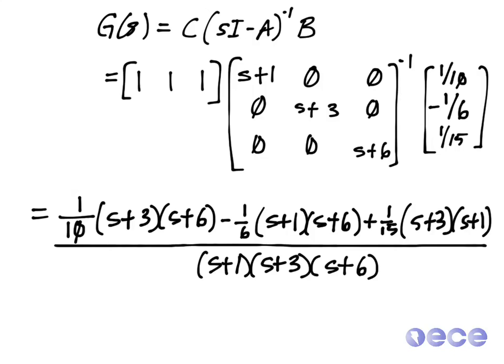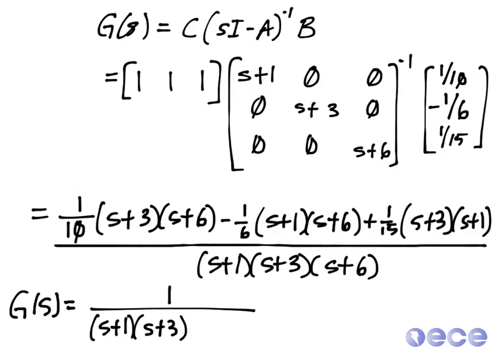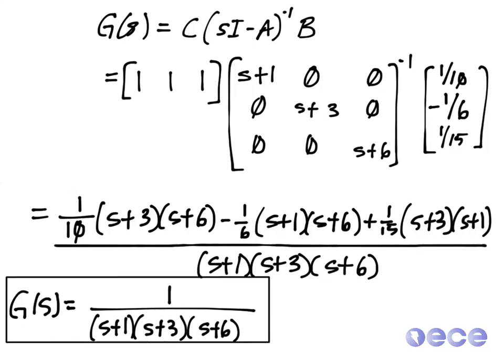So a bunch of different pieces cancel one another out, and in fact we end up with a system G(s) that's equal to 1 over (s plus 1)(s plus 3)(s plus 6), which is actually pretty remarkable. So after we add all these pieces together and subtract them apart, we can look at this system and check its stability.